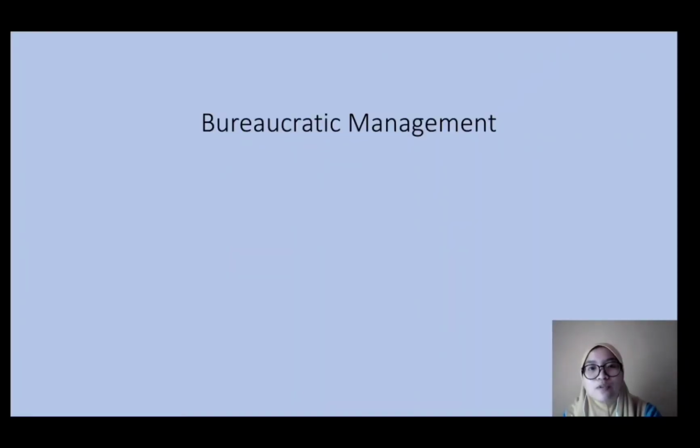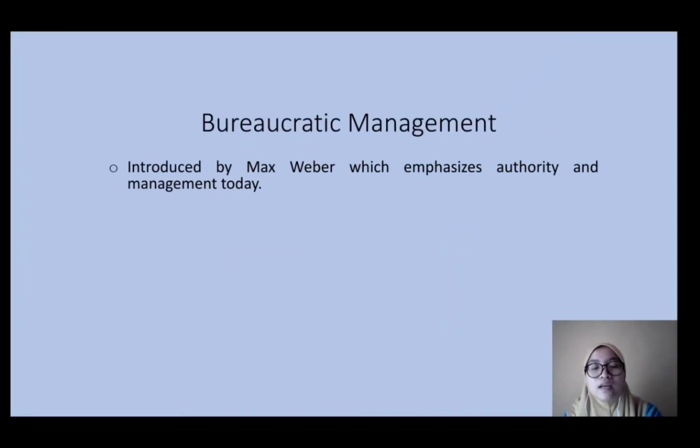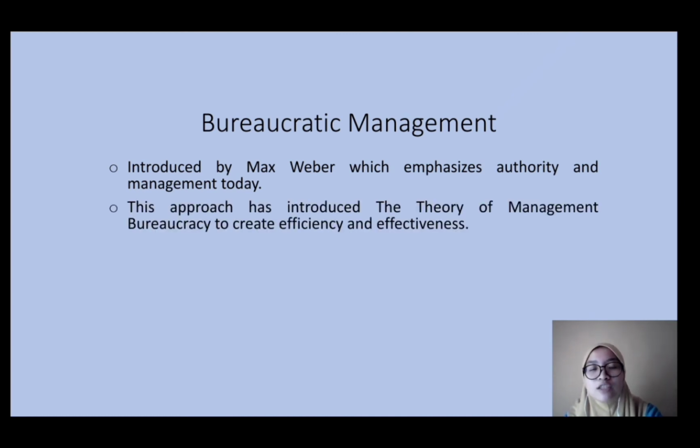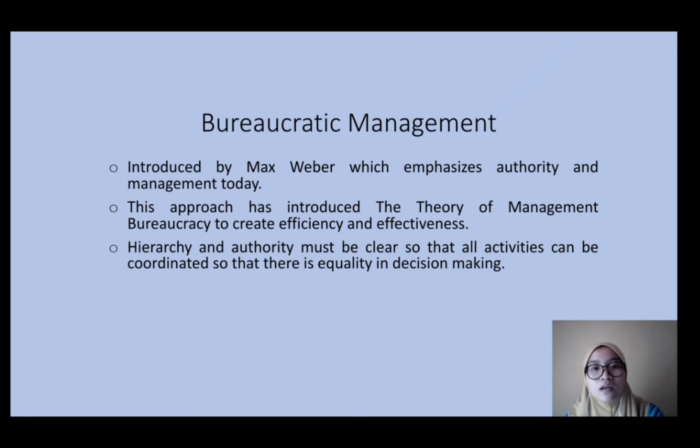The last point is bureaucratic management. Bureaucratic management was introduced by Max Weber, which emphasizes authority and management today. This approach has introduced the theory of management bureaucracy to create efficiency and effectiveness for the organization. Hierarchy and authority must be clear so that all activities can be coordinated so there is equality in decision making.